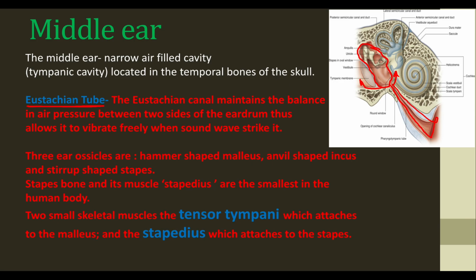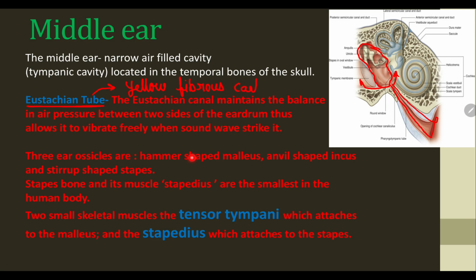So the Eustachian tube maintains the balance of air pressure between two sides of the eardrum, thus allowing it to vibrate freely when sound waves strike it. This Eustachian tube is made of yellow fibrous cartilage, or elastic cartilage. It's a cartilaginous structure.